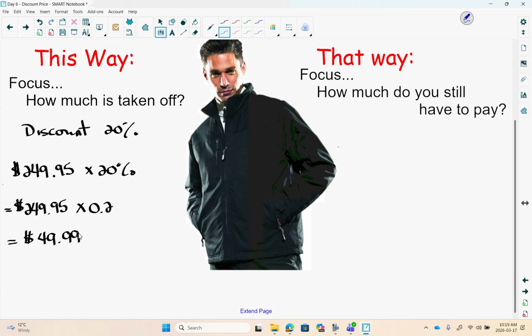All right. What would I need to do with that number and the original price of the jacket? Why are you subtracting? Like yesterday when we were talking markup and tax, we were adding, because those two things increase the price. But what do we know about a discount or a sale? It's going to decrease.